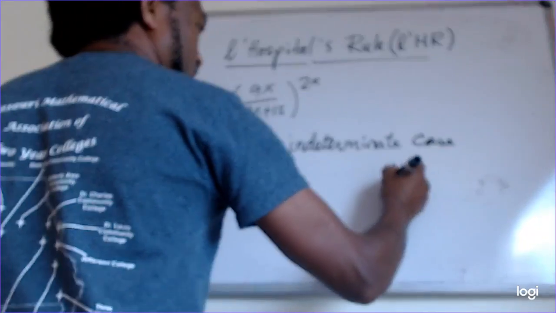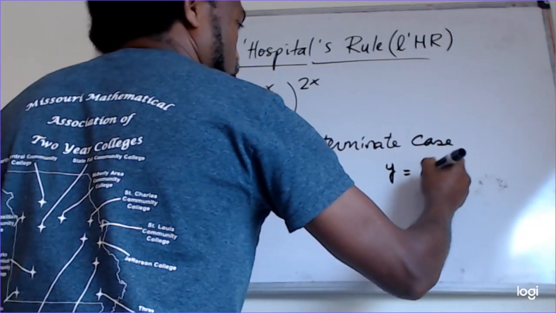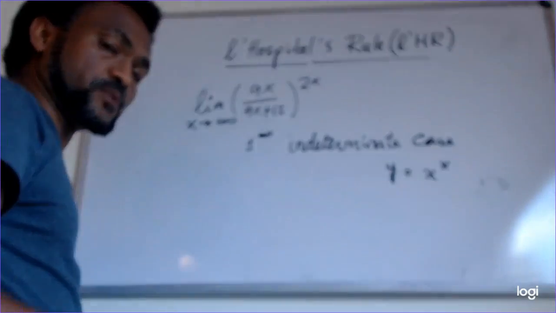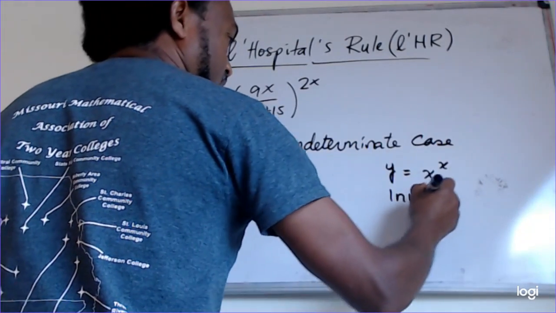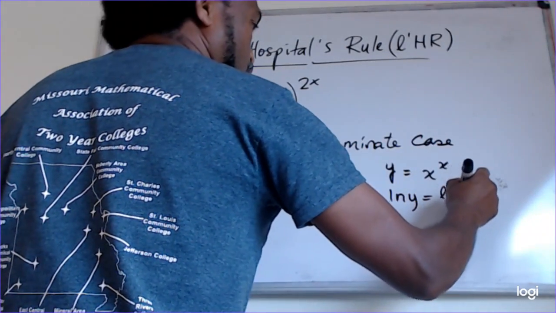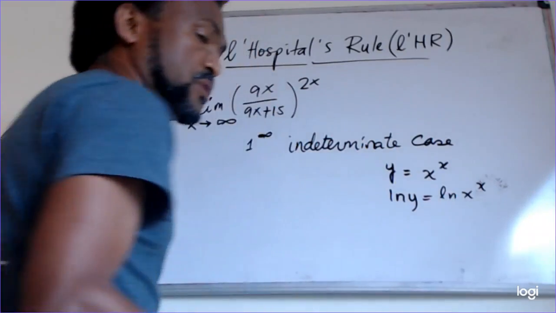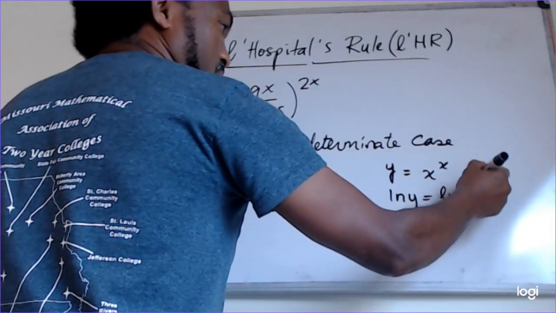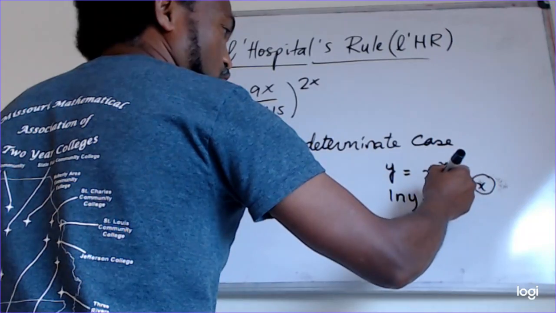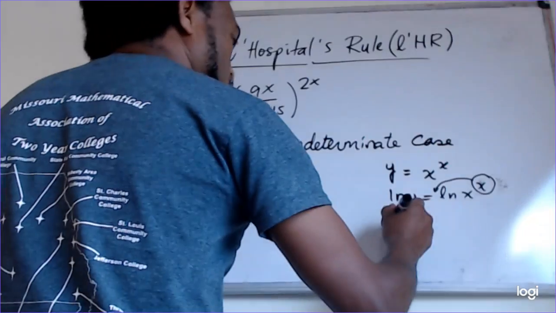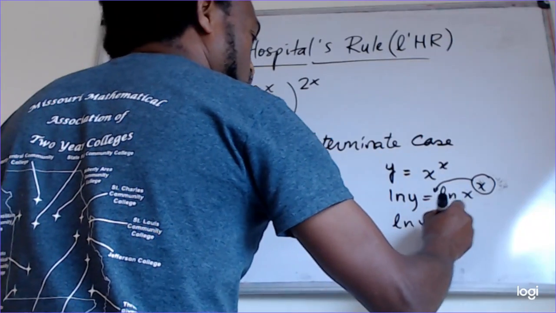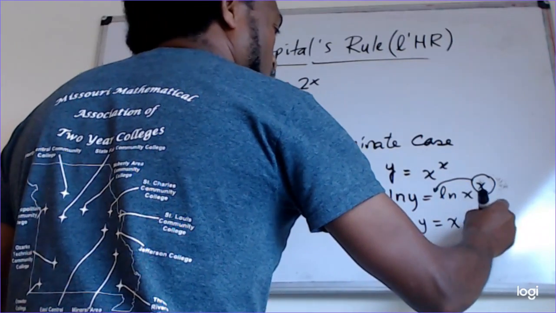If you consider an example, y equals x to the power of x, and I take the natural log of both sides, the natural log of y will be the natural log of x to the power of x. As you remember, the exponent is dropped down to be a coefficient using the rule of logarithms. So therefore, this will be natural log of y equals x times natural log of x.